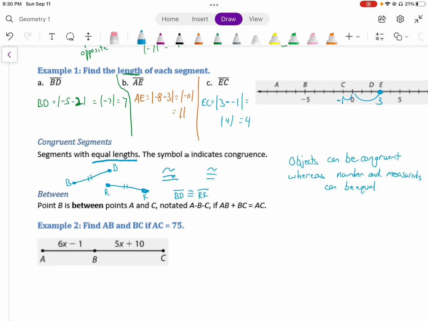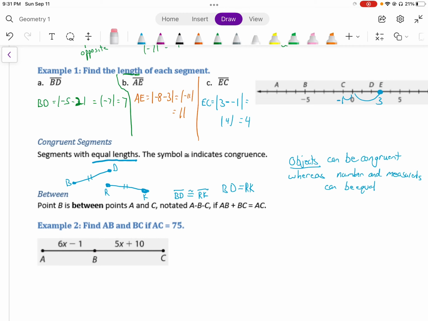That says the two segments are congruent. They're the objects, but we can also say BD, which I'm not putting anything on top. That means the measure from B to D is equal to the measurement from R to K, or length RK. So we have similar concepts, but they definitely are different.